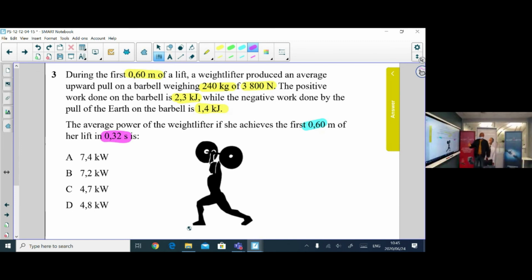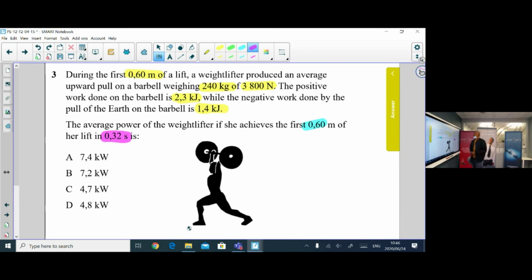We have a distance, a time and a force. Force there is 380. The distance there is 0.60 divided by time. Time is 0.32. If you can just do that, you are going to get 7.2 kilowatts. Okay, that is your answer.